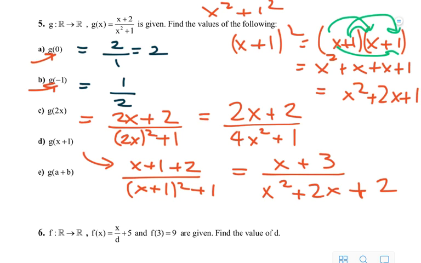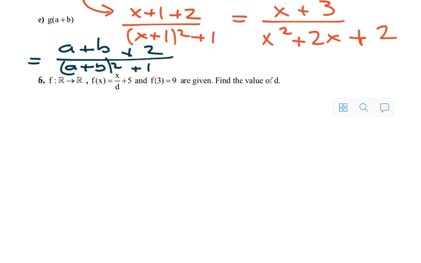We can leave it like that. Last one, very similar. We're just going to insert a plus b instead of x. a plus b plus 2 all over a plus b squared plus 1. No need to expand that.